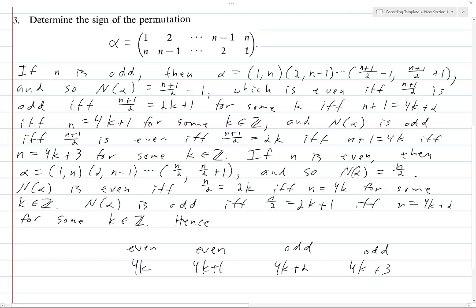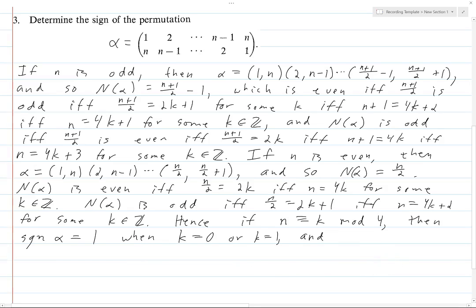But anyways, so hence, if n is congruent to k mod 4, then sine of alpha is 1 when k is equal to 0 or k equals 1, and okay, we can get these out of the way now, and sine of alpha equals -1 when k equals 2 or k equals 3.